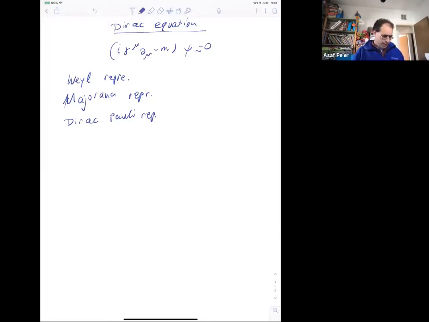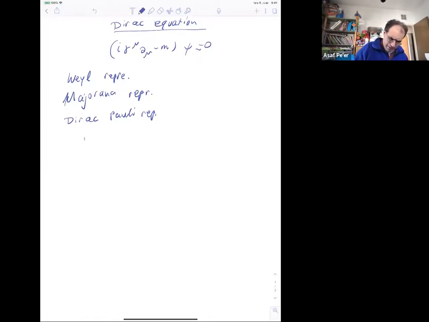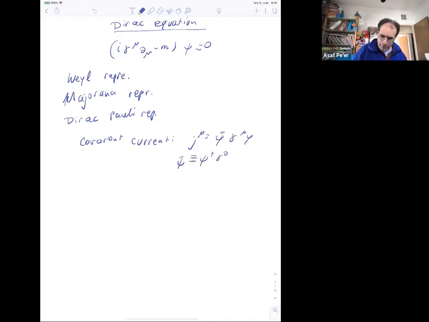I'm not sure that I'm going to have much time to discuss that, right? So we said that J mu, that's the covariant current. J mu is psi bar gamma mu psi, where psi bar is psi dagger gamma 0. This is a 4 vector. Why is this important?